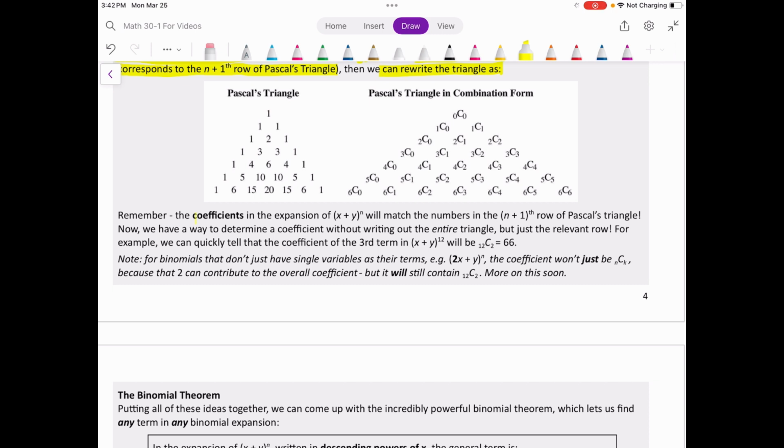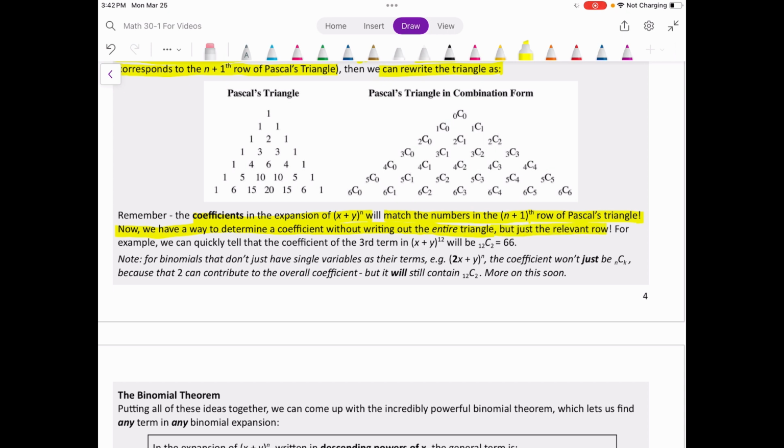So remember, the coefficients in the expansion of (x plus y) to the power of n will match the numbers in the n plus 1th row of Pascal's triangle. And now we have a quick way to determine a coefficient without writing out the entire triangle. So we just need to think about the relevant row now.